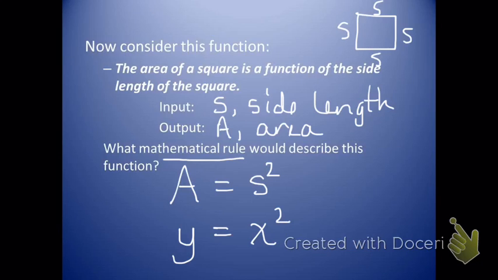The graph of a function such as this one, side length of a square and area of a square, is going to be identical to the graph of the equation that describes the function. So A equals s squared is going to look identical to y equals x squared.